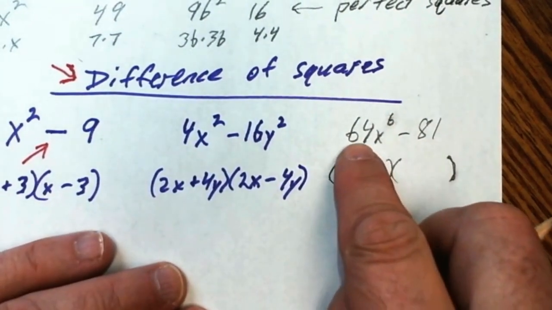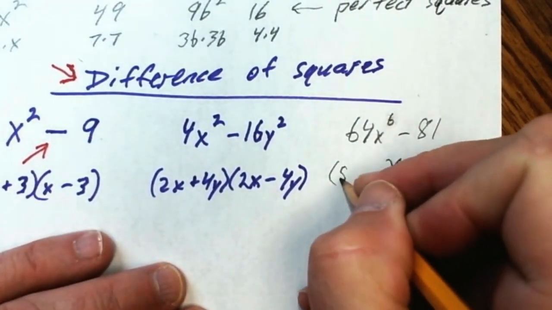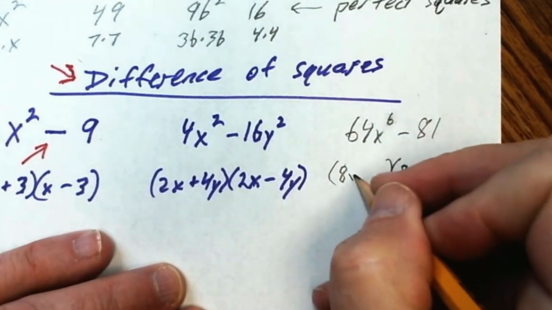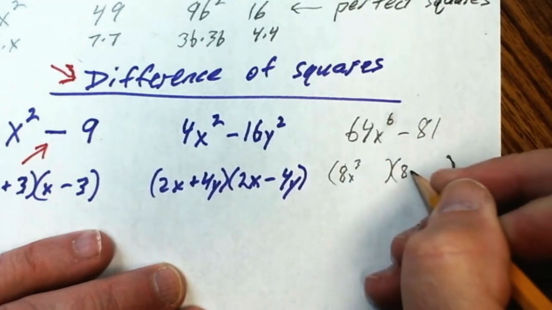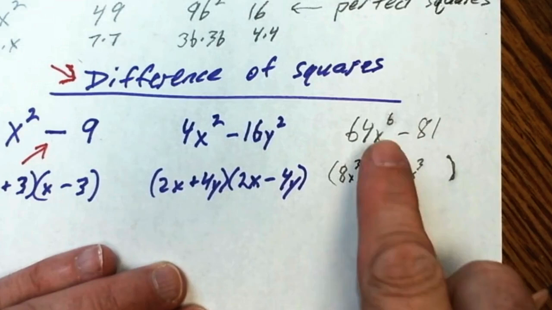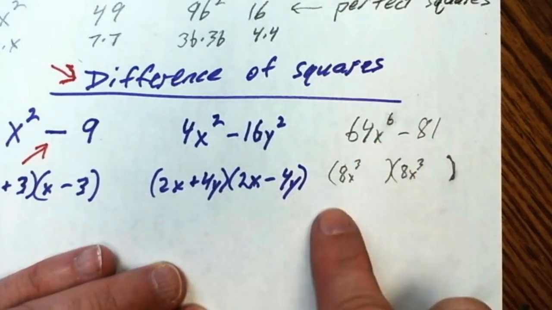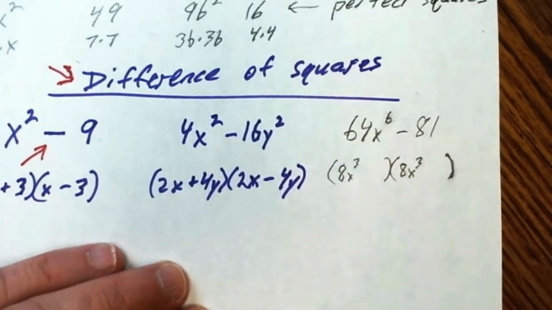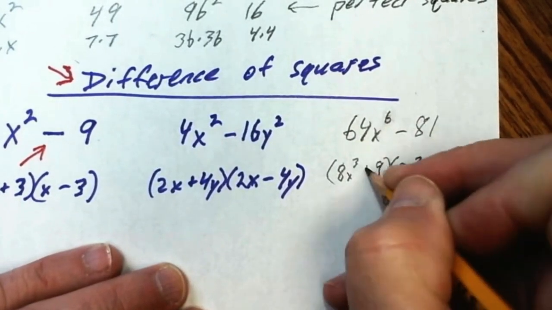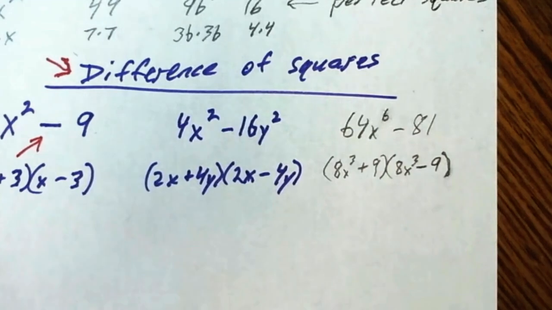Well, 64 is 8 times 8. X to the 6th is x to the 3rd times x to the 3rd. So 8x cubed times 8x cubed equals 64x to the 6th. That is a perfect square. 9 times 9 is 81. So make one a plus, one a minus, and it's factored. Cheat code.